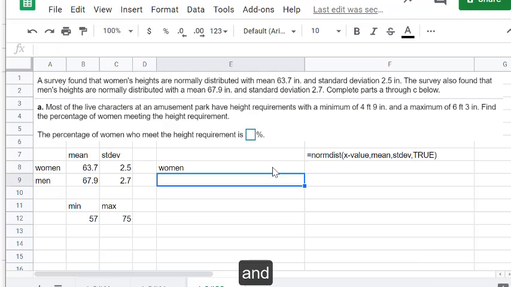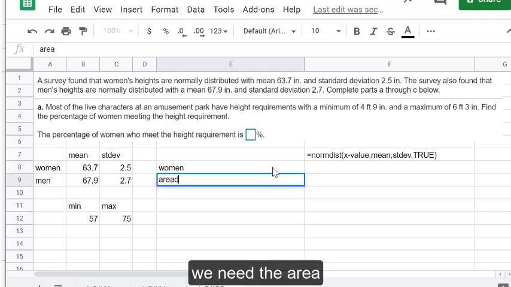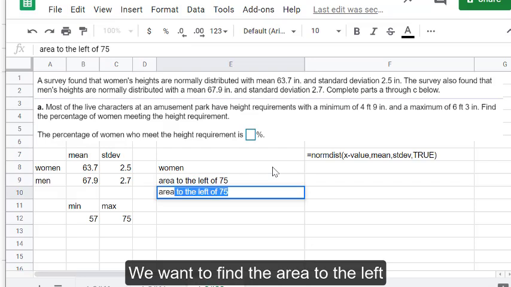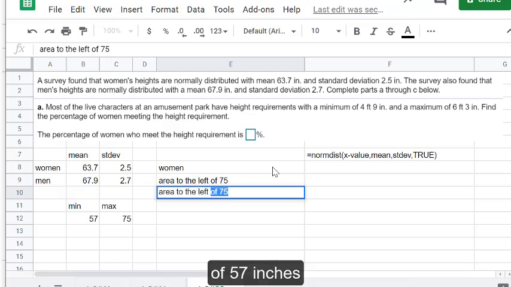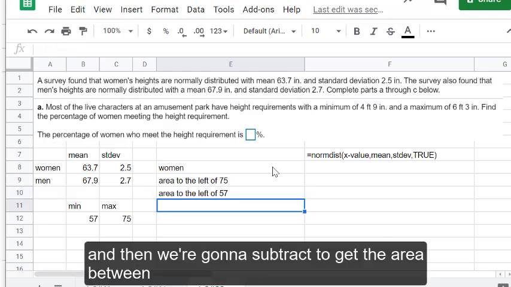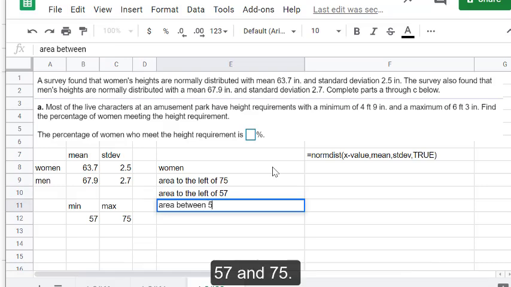To answer this question, we need the area to the left of 75 inches. We want to find the area to the left of 57 inches. And then we're going to subtract to get the area between 57 and 75.